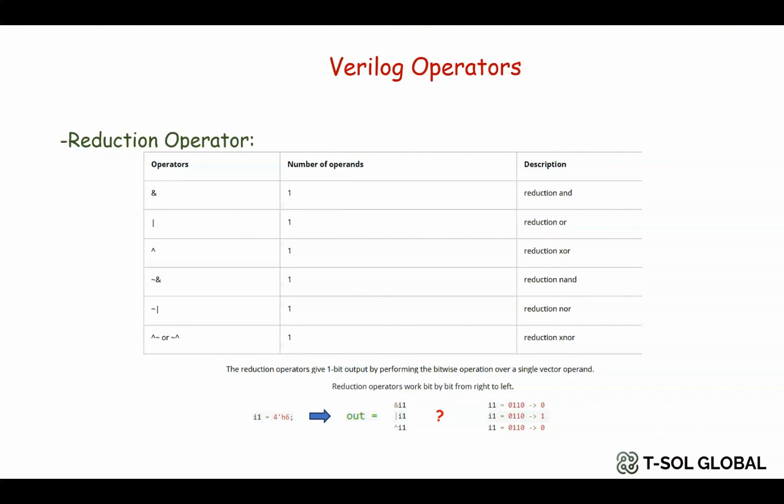So it is doing the bit by bit operation from right to left. Now for the OR operation, it will be 0 or 1, which is 1, and 1 or 1, which is again 1, then 1 or 0, which is 1. So we are doing the OR operation from right to left, and it's mainly reducing the number, and giving us only a 1-bit output.